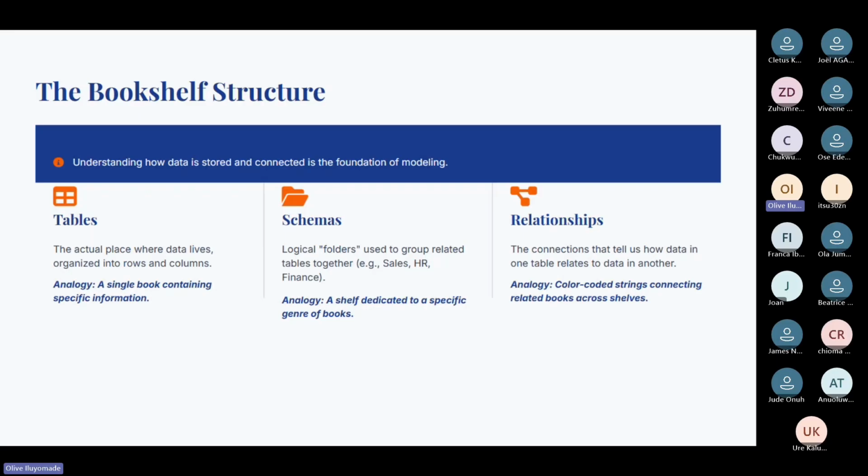A few of the tables related to the sales table will be the product table, the shippers table, the suppliers table, and the sales employees table. They're all related, so they would all come under the same schema.